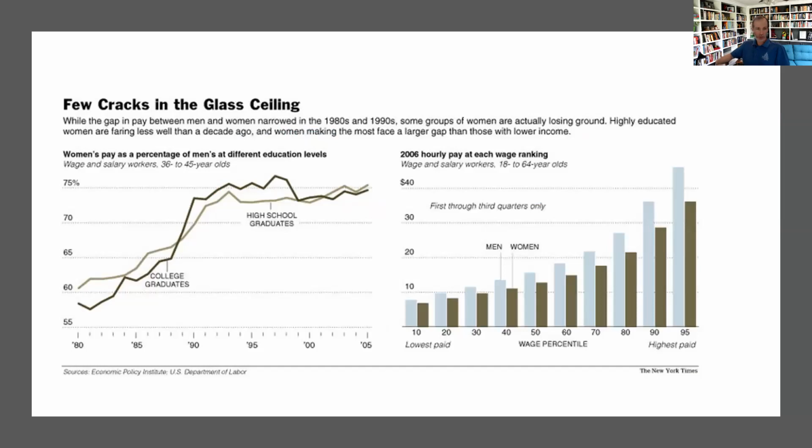We can look real quick at income and gender, so break the two down. The first chart here, we're looking at women's pay as a percentage of men at different education levels over time. So over time, women have been getting closer to what men are making, now at 75% of the wage for men.